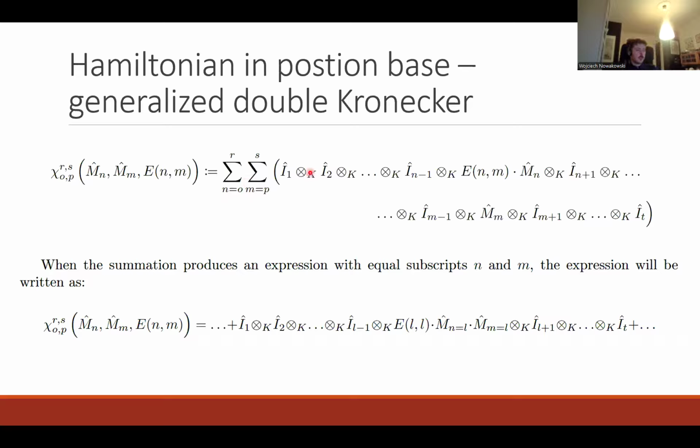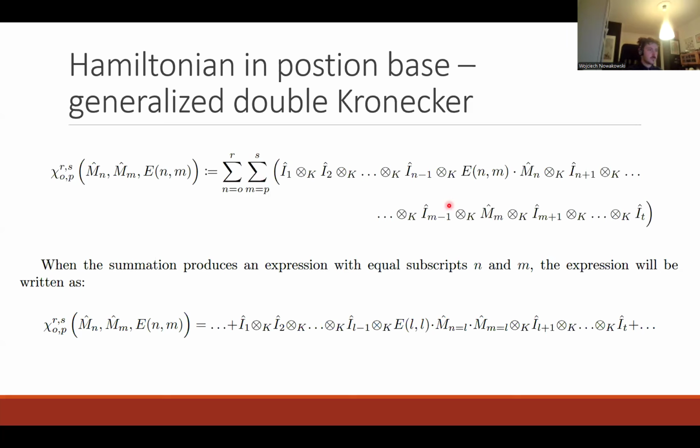And we have Kronecker multiplications of identity matrices, and all of these identity matrices have the same size as the matrix Mm, Mn, and the function E, which has two variables n and m, is some kind of modificator of the values of these functions.